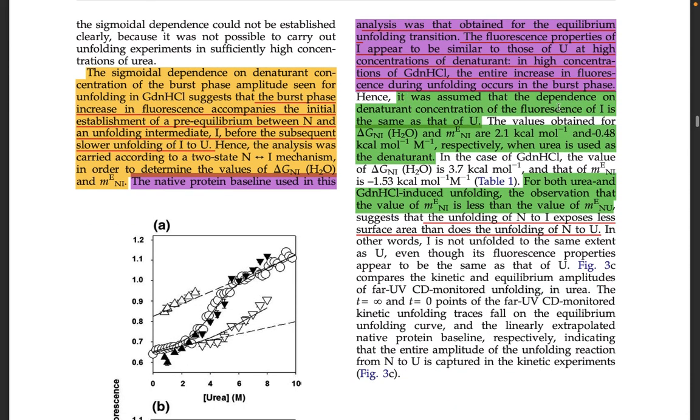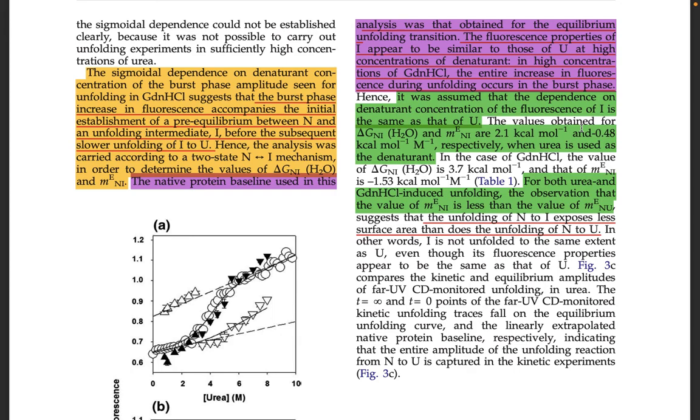So hence it was assumed that the dependence on denaturant concentration of the fluorescence of I is the same as that of U, and hence it would consider the unfolded baseline. The values obtained for delta G NI and m NI are 2.1 kilocalorie per mole and 0.48 kilocalorie per mole.